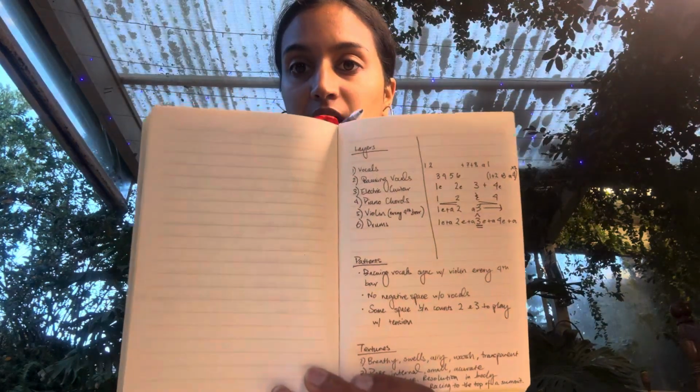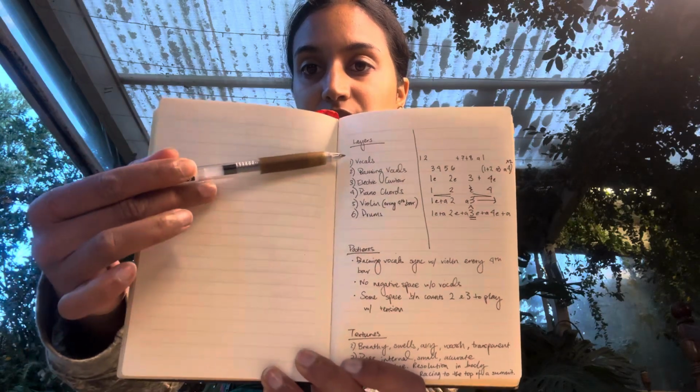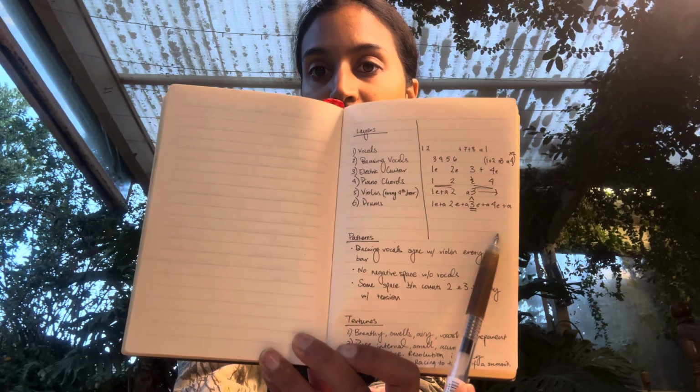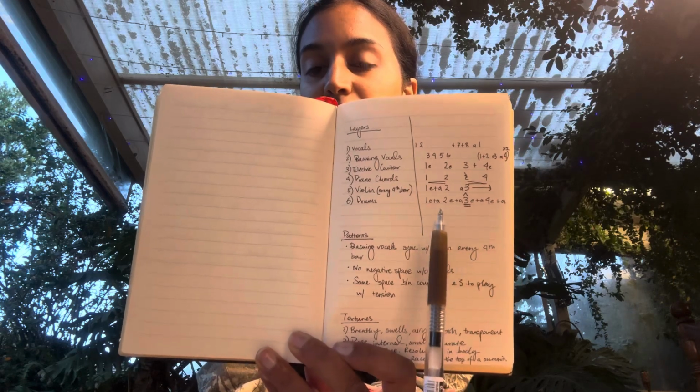So basically we have all the different layers in the song, and then we have the rhythm for the layers. And this is basically the pattern of how it repeats. So the guitar goes 1 and 2 and 3 and 4 and 1E, 2E, 3 and 4E, da-na, da-na, da-na, da-na. And it just keeps going that throughout the chorus, right?